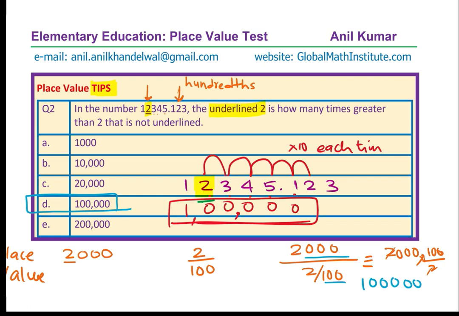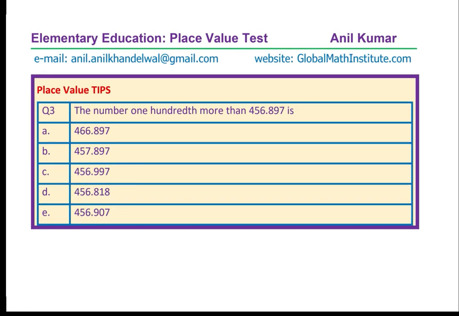So it is 100,000, correct? So that is very easy. Just see the change in place value. So change in place value is the key for a quick solution. Otherwise, you can just divide and figure it out as we did. I hope this concept is absolutely clear. Let's move on to the next question, which is question number 3.